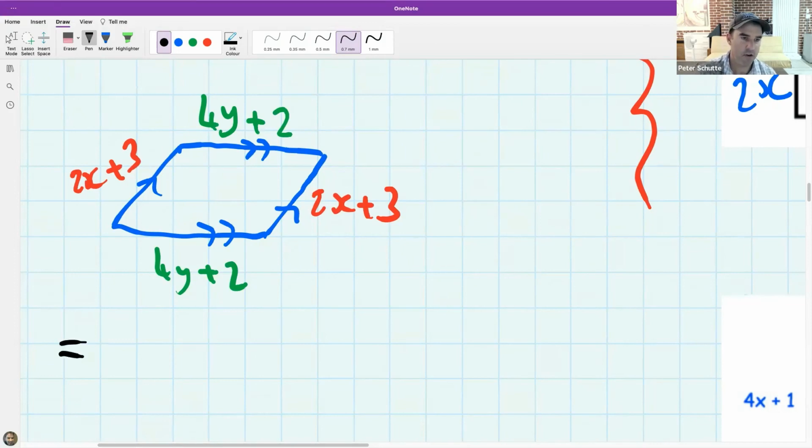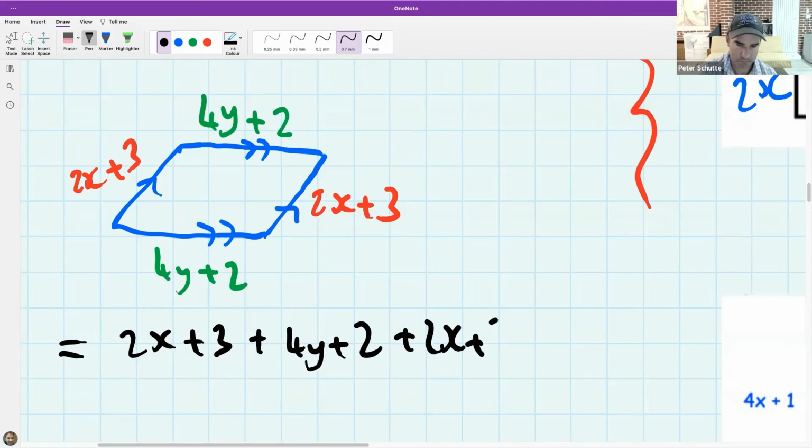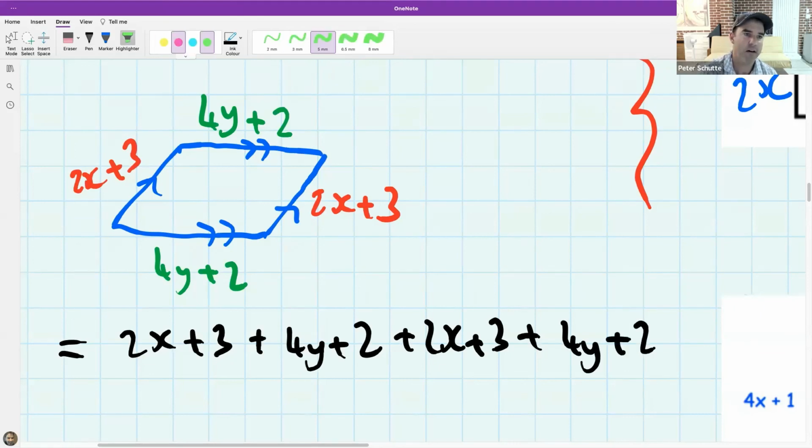What I said previously is I'm just going to write out, because remember, perimeter is the distance around the outside. All I've done is start by adding all 4 of these algebraic expressions together.